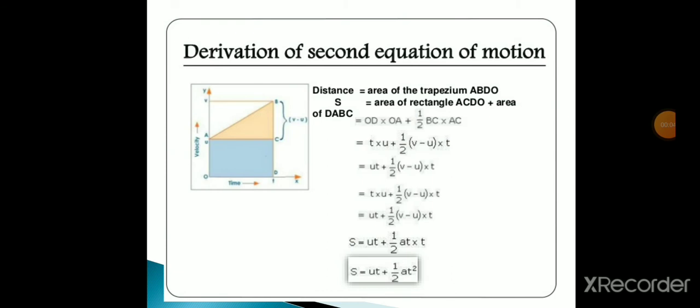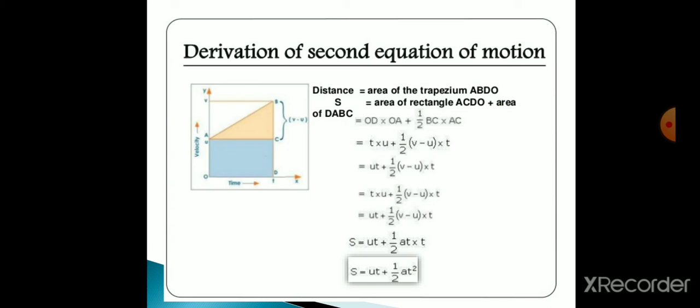Coming to the derivation of the second equation of motion, we shall refer to the velocity time graph that we had discussed earlier. So, we are familiar with the fact that distance or displacement is equivalent to the area under the velocity time graph.